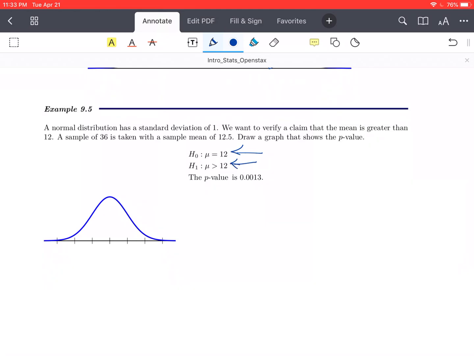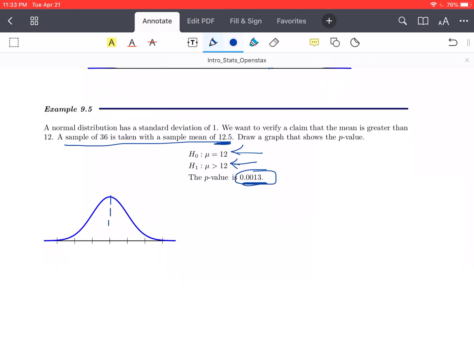In our sample, we had a sample mean of 12.5, and the p-value is 0.0013. So the probability of getting a value of 12.5 or higher is 0.0013, which is very unlikely, right? That would be a 0.13% chance.